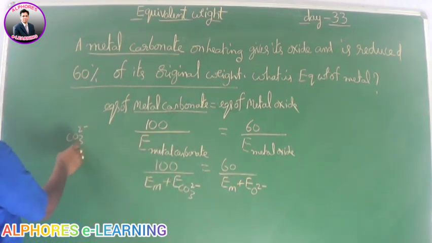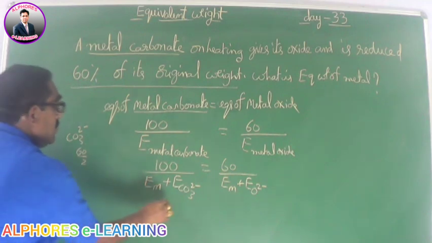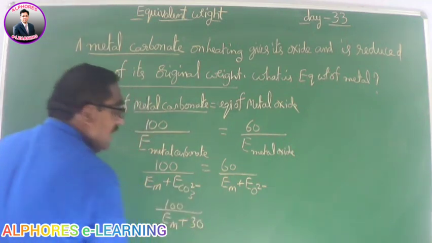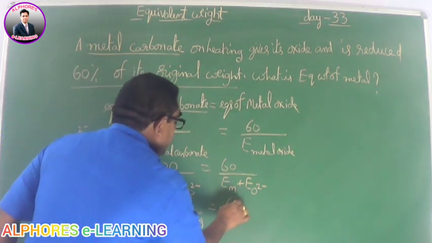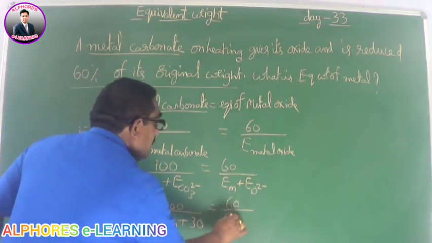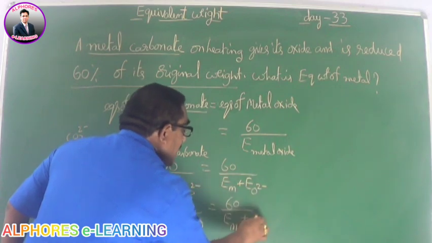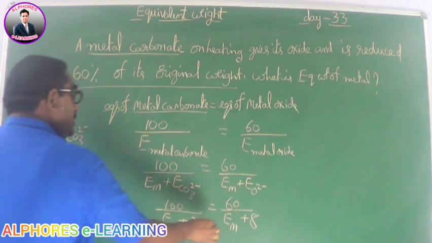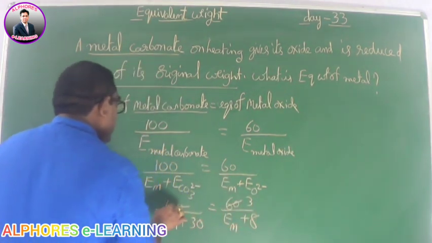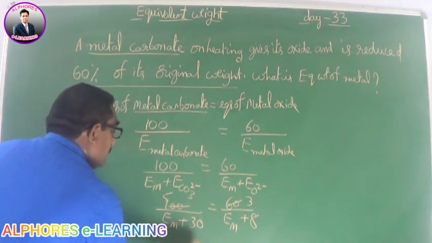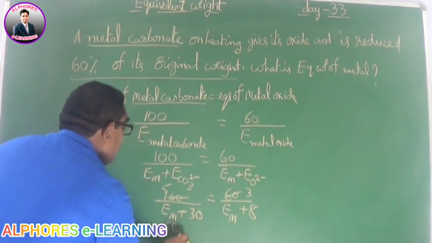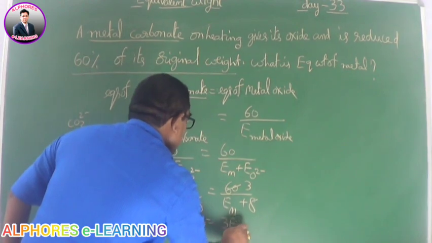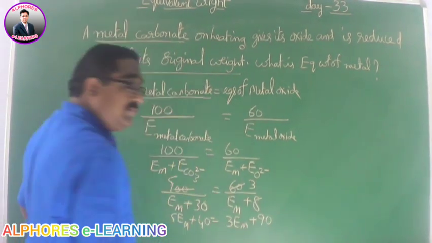For carbonate ion, 12 plus 48, 60 by 2, so 30. So 100 by equivalent weight of metal plus 30 is equal to 60 divided by equivalent weight of metal plus oxygen, it is 8 because 16 by charge 2. So 3 20s, 5 20s. So cross multiplication: 5 M plus 40 is equal to 3 M plus 90.